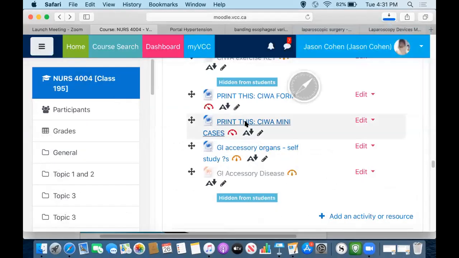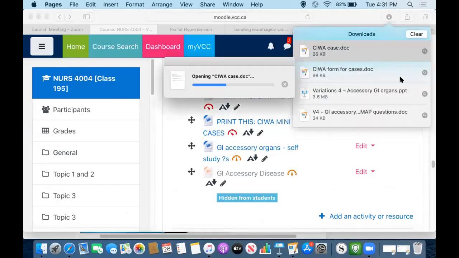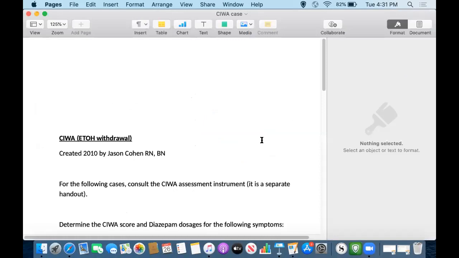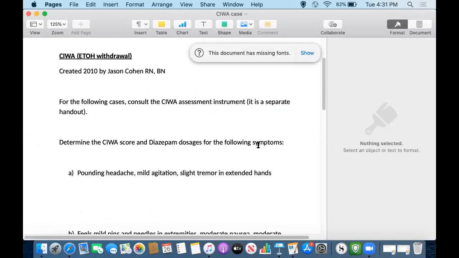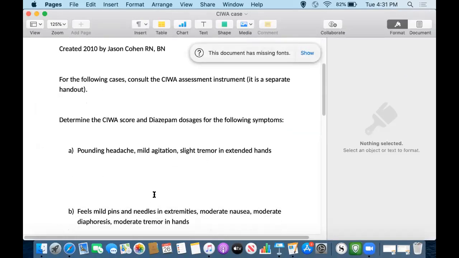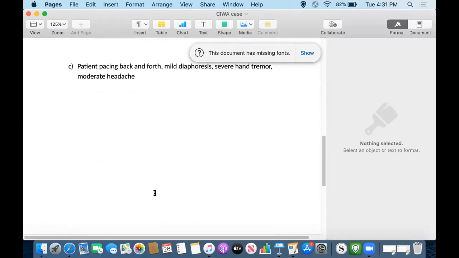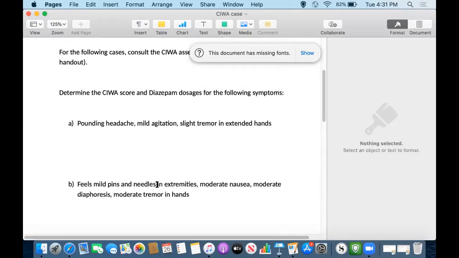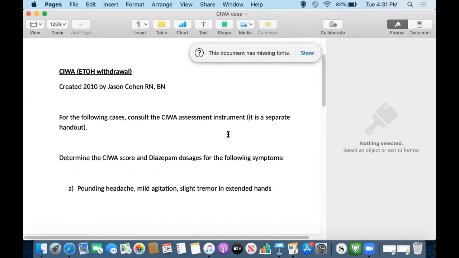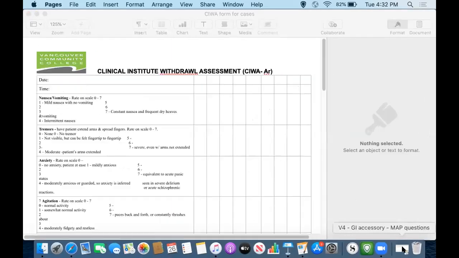So you've got these mini cases here. What you want to do is read through each one. There's case A, case B, case C. Each is a separate patient. Read through them and give them a score on that CIWA record.